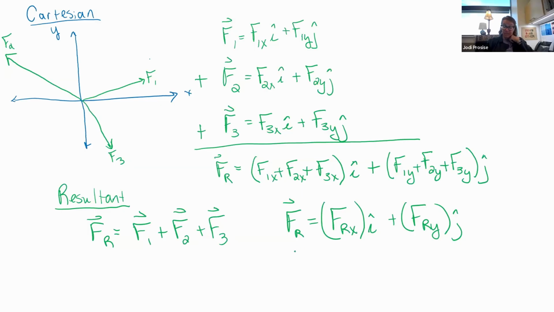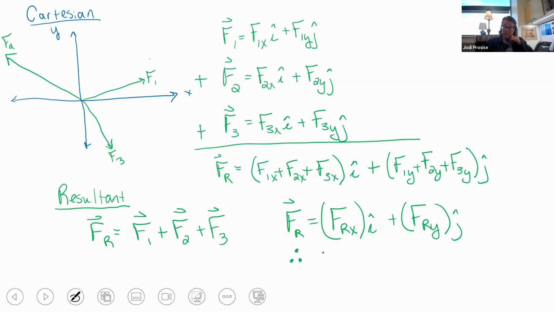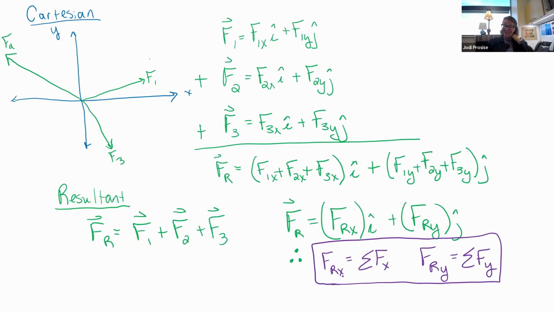So what this really means is that FRx is equal to the sum of the forces in our x direction, and FRy is equal to the sum of the forces in the y direction. This is going to be a resounding theme in everything that we do in statics.